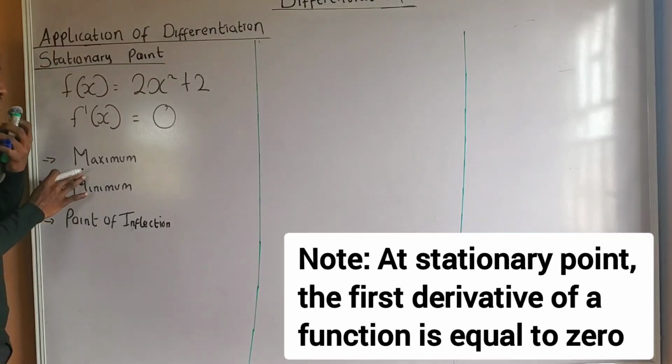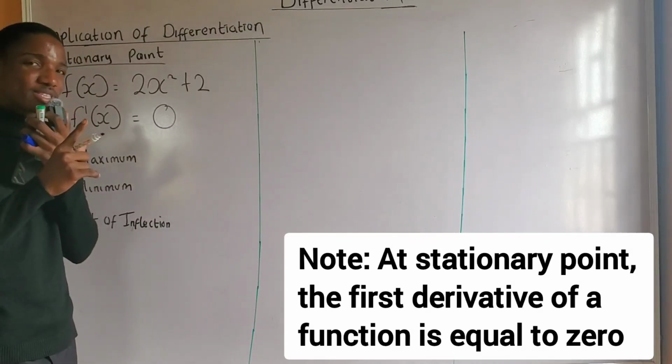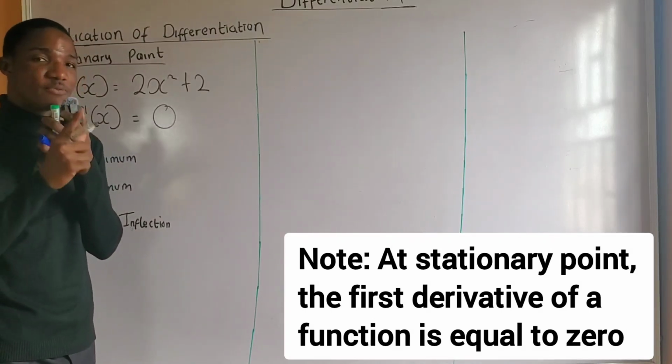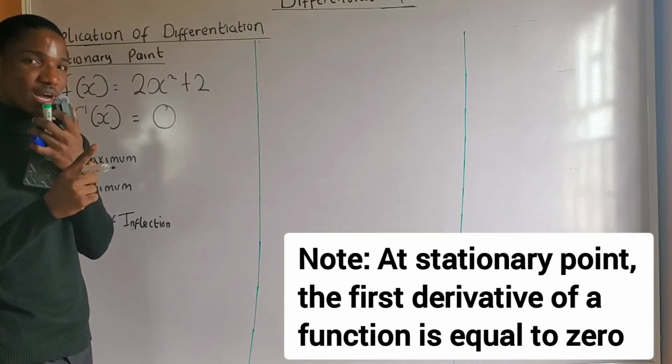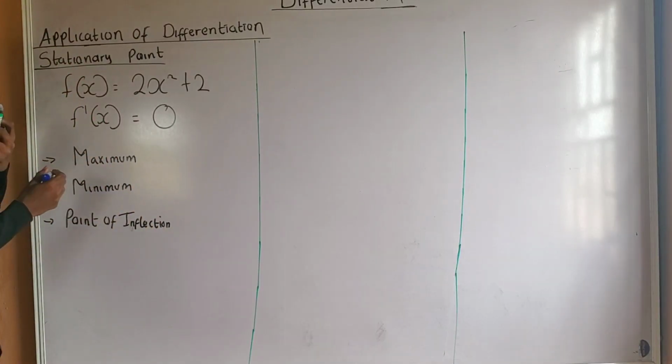Stationary point can be maximum, it can be minimum, and it can be point of inflection. Okay, don't forget, at stationary point, the first derivative of the function is equals to 0. Are you getting it? And we can know whether the stationary point is maximum, minimum, or point of inflection.